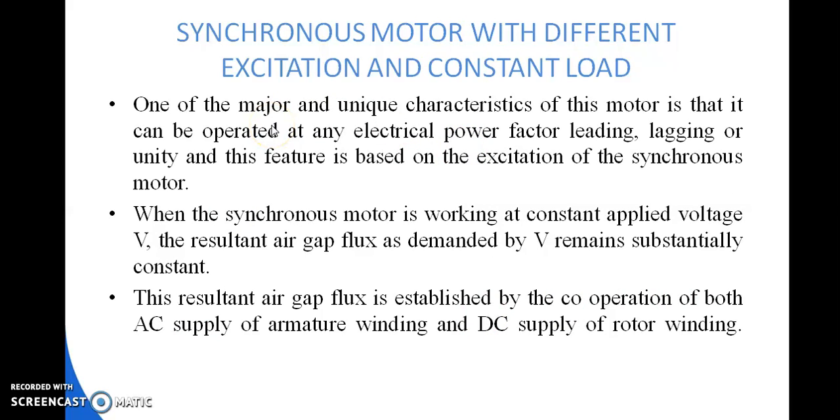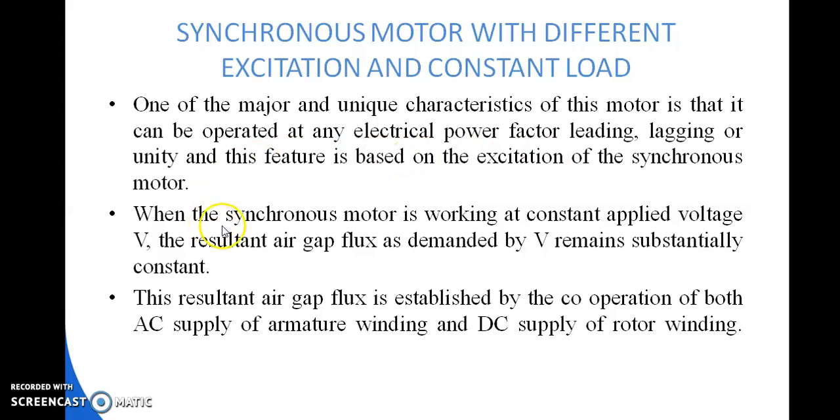One of the major and unique characteristics of this motor is that it can be operated at any electrical power factor: leading, lagging, or unity. This feature is based on the excitation of the synchronous motor.